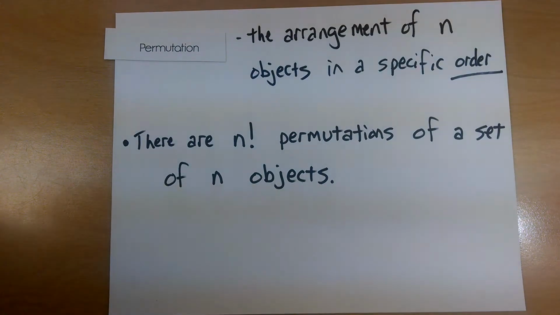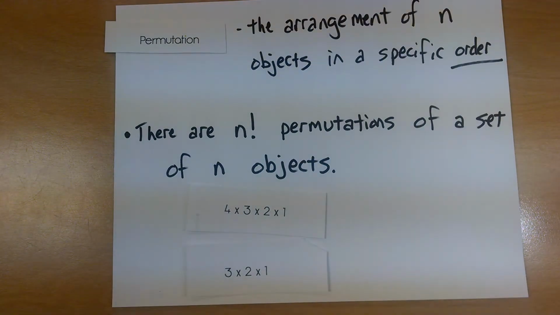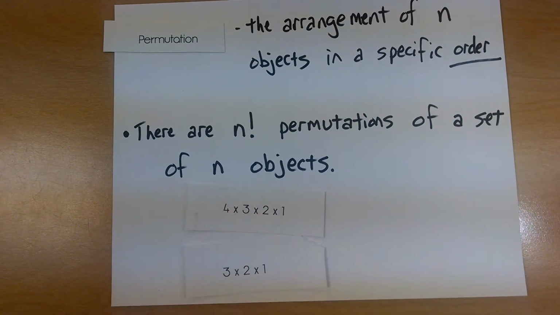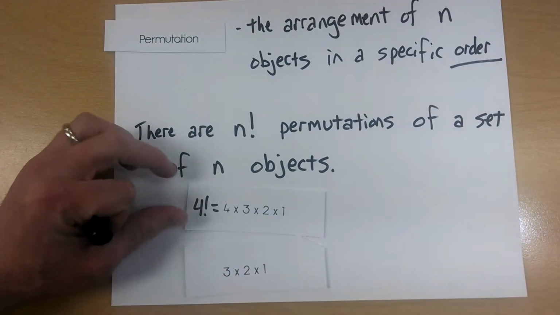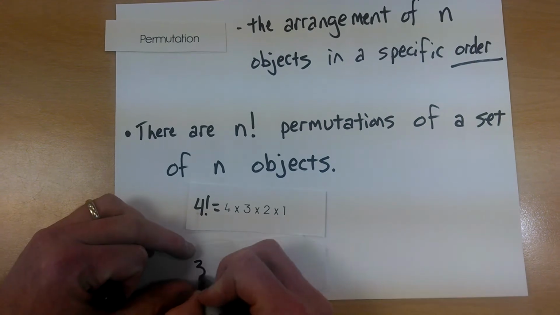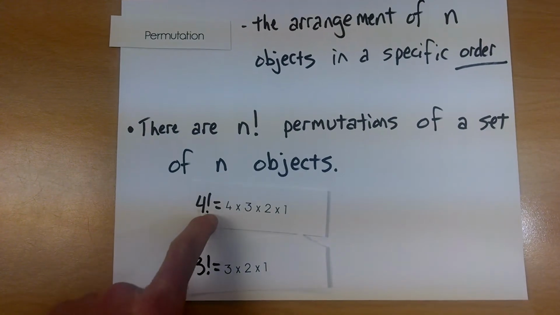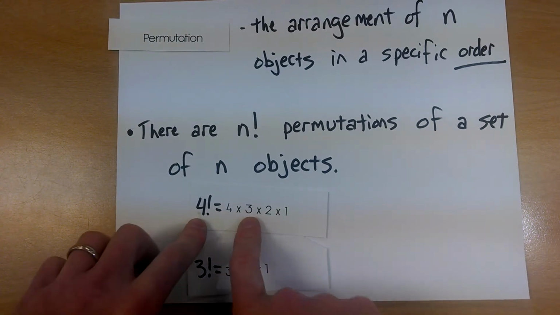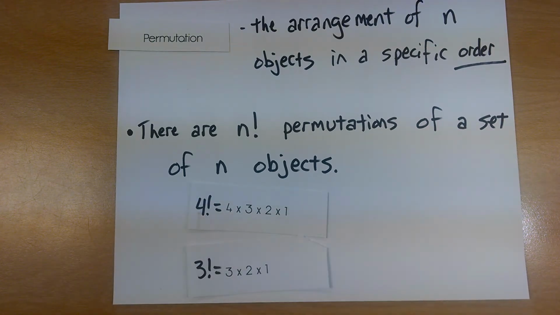Okay, so before, a couple of these that we looked at for our characters was 3 times 2 times 1 and 4 times 3 times 2 times 1. So these are examples of factorials. You've probably seen these in a previous math class, but just in case, our factorial is symbolized by an exclamation point, and we're just multiplying each previous integer down to 1, or each previous whole number.